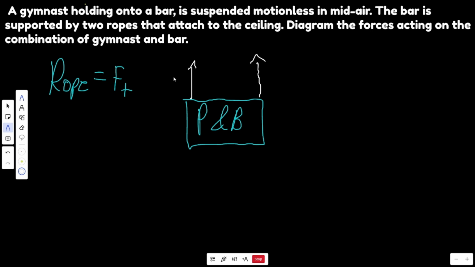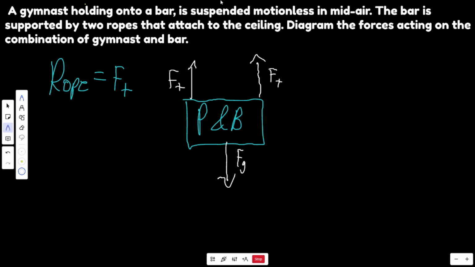Okay, so this is a tension force, this is also a tension force, and of course, never neglect the gravitational force, which is going down. So now, that is actually our free body diagram for this situation.